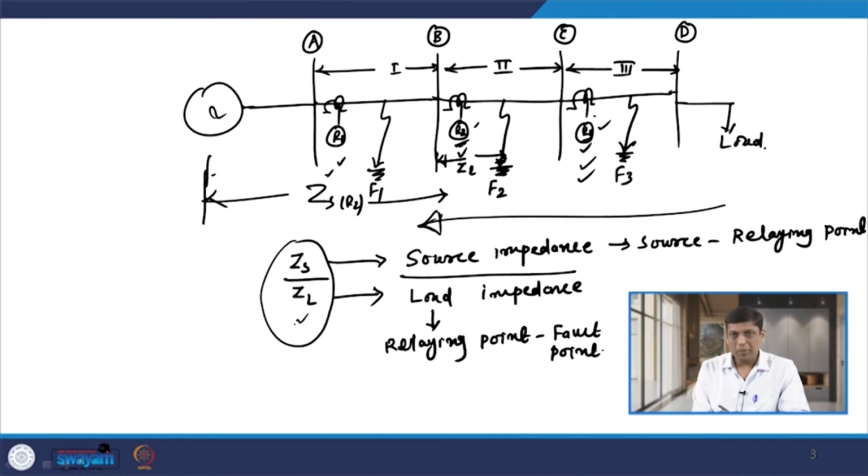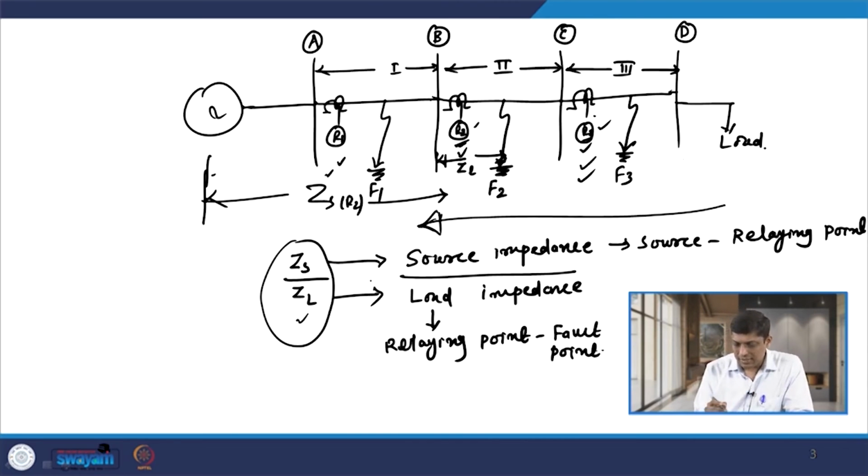As the instantaneous overcurrent relay depends on the current discrimination philosophy, and current is directly associated with this ratio of impedance, as this ratio changes, the current value also changes, and that is going to affect the operation of the instantaneous overcurrent relay.